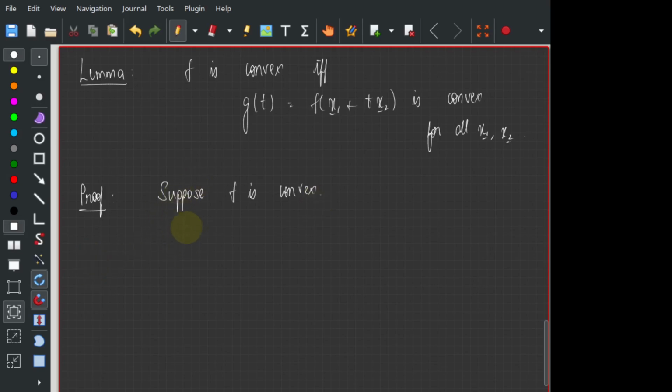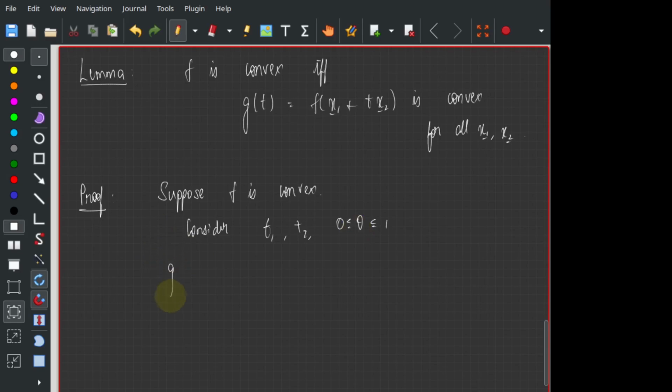Okay, so let's consider any t1 comma t2 and some theta between 0 and 1.